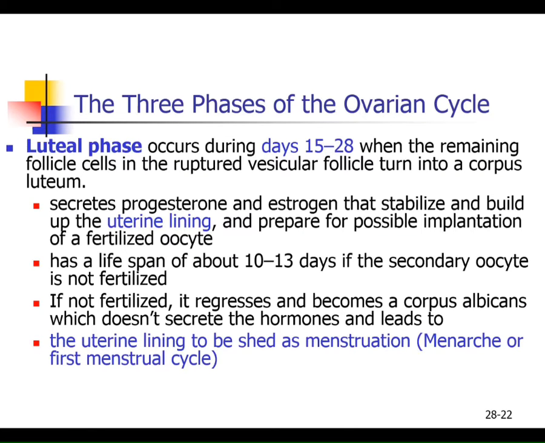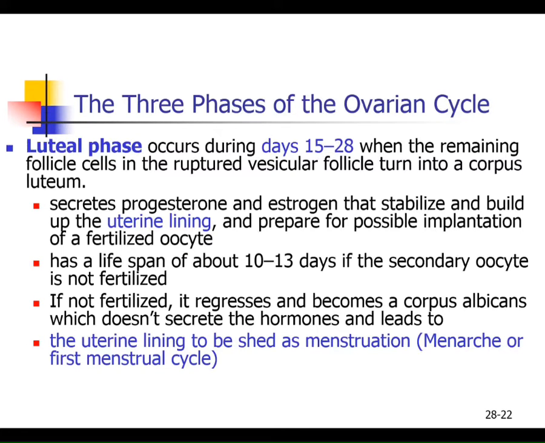Then there's the luteal phase. The luteal phase is the rest of the cycle. It's going to be days 15 through 28. I'll show you this picture in a moment, but remember that corpus luteum was that yellow body that was formed in the ovary, and that's after ovulation. So the luteal phase is the rest of the ovarian cycle.